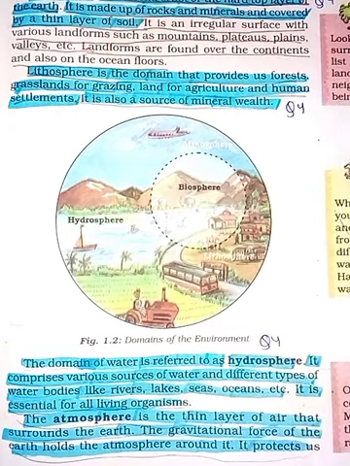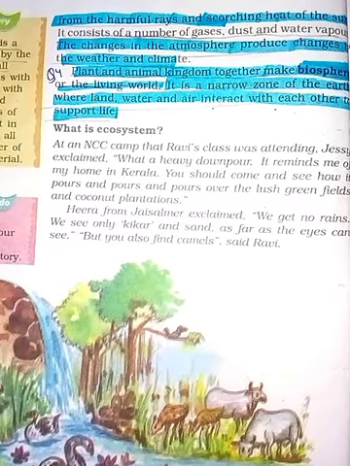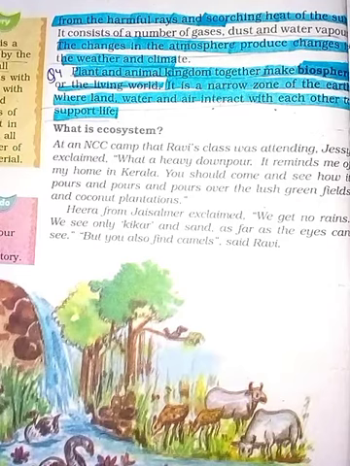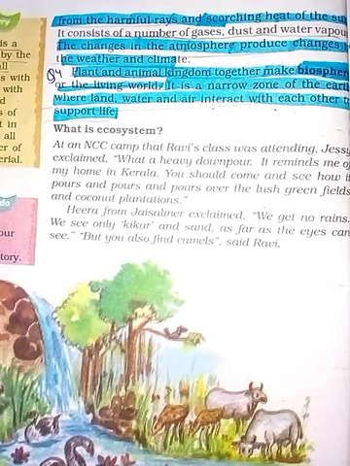The atmosphere is the thin layer of air that surrounds the earth. The gravitational force of the earth holds the atmosphere around it. It protects us from the harmful rays and scorching heat of the sun. It consists of a number of gases, dust, and water vapor.